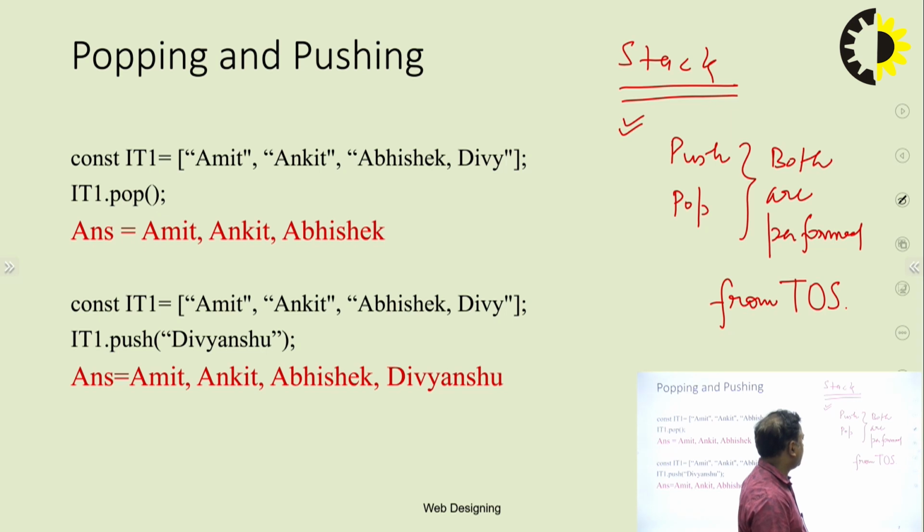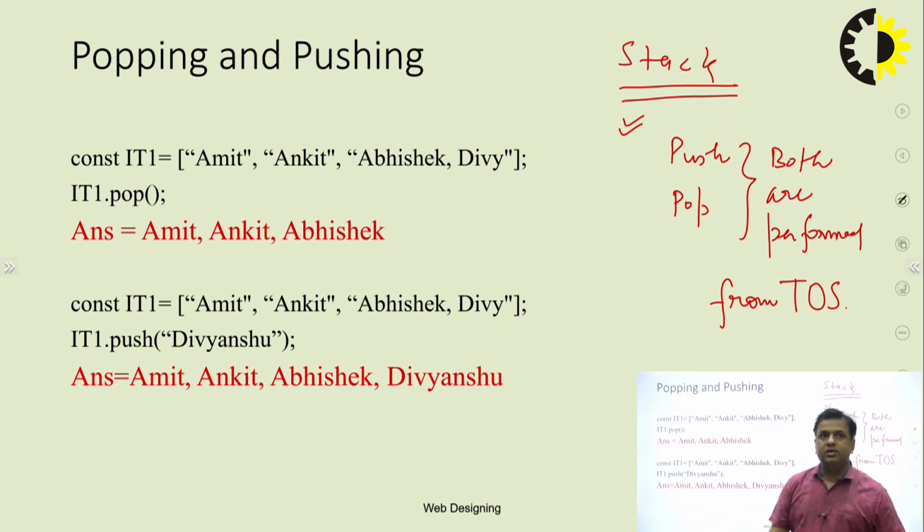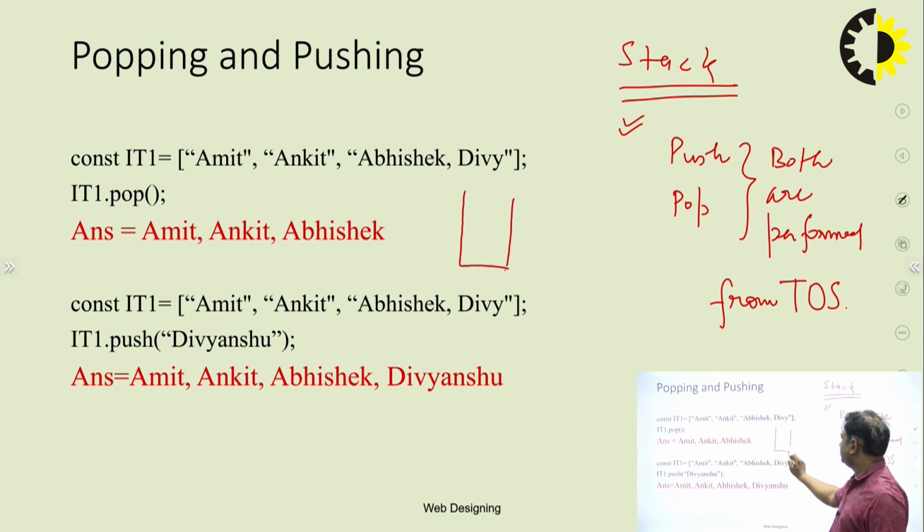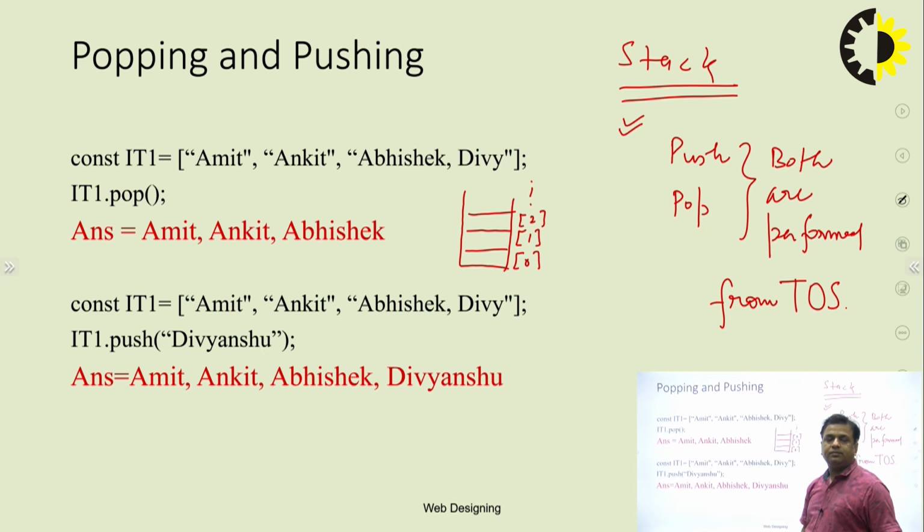That is the TOS, top of the stack. So to understand this array, what is the top of this stack? We can understand my array is in this form: array index 0, index 1, index 2, and so on. So if I am performing push and pop operations, I have to put all my elements in this type of stack. So again, I take an example.